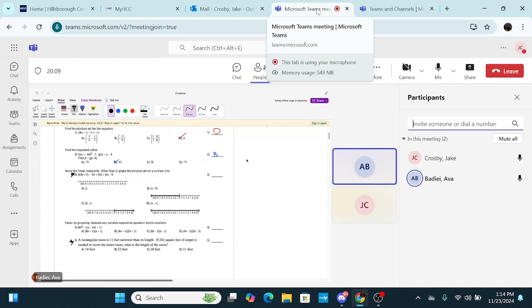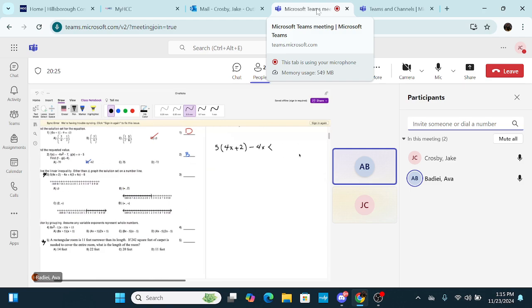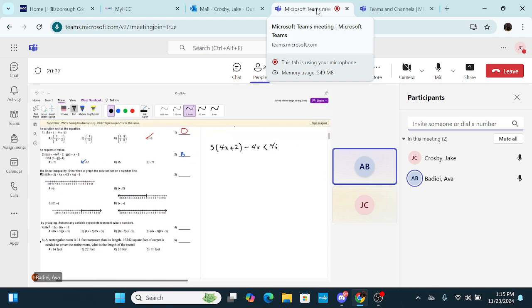So we are having 5 times 4x plus 2 minus 4x less than 4 times 3 plus 4x, close parentheses, minus 6.